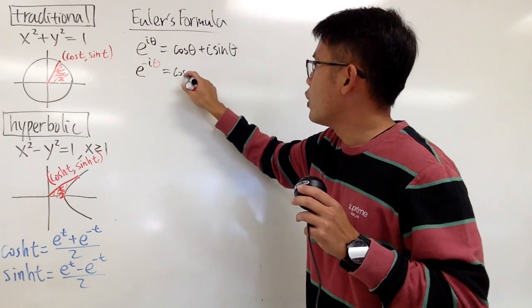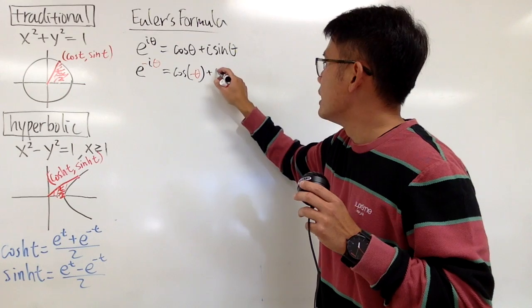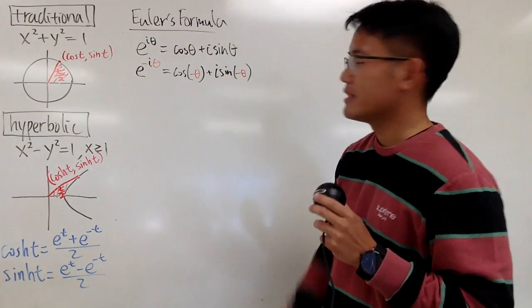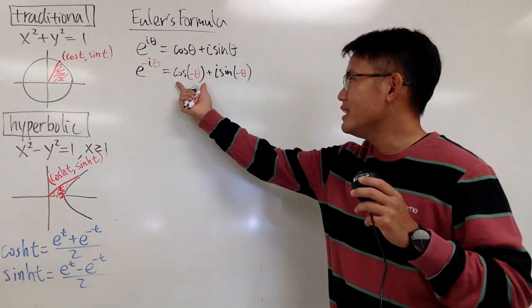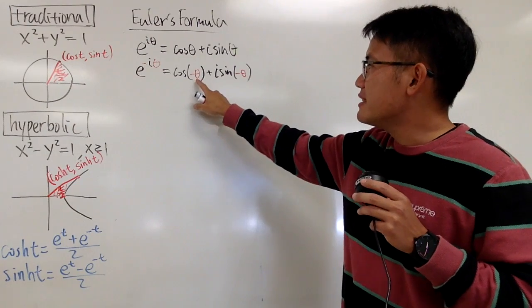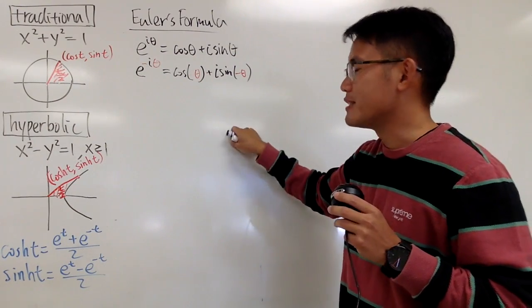So I get cosine of negative theta, and then we add it with i times sine of negative theta, like this. Well, we see this right here, cosine is an even function, so cosine of negative theta is the same as cosine of positive theta. So let me just erase that.